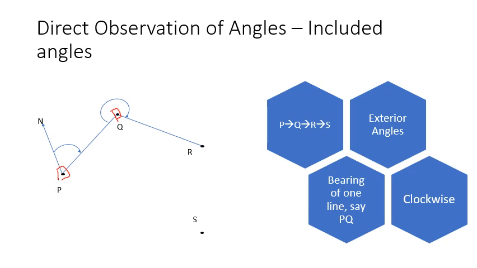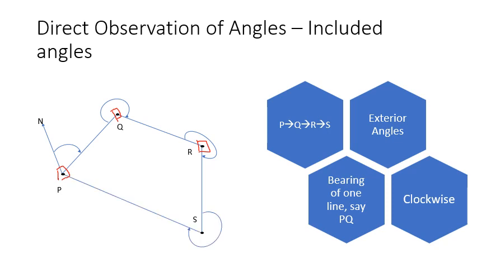Then we shift the instrument to R. Orient your instrument to the back point Q. Then you start measuring the angle to S. Then you will be getting this angle.